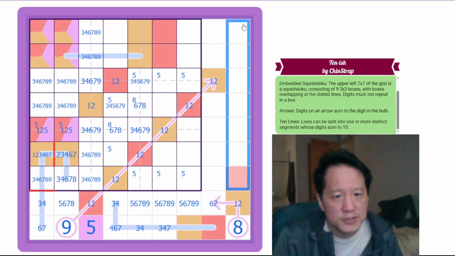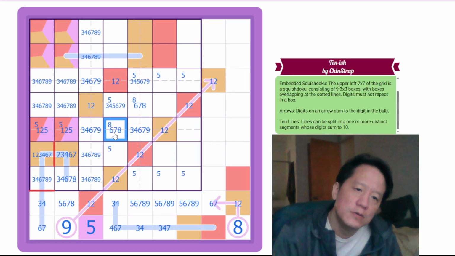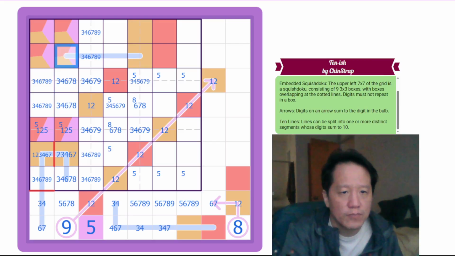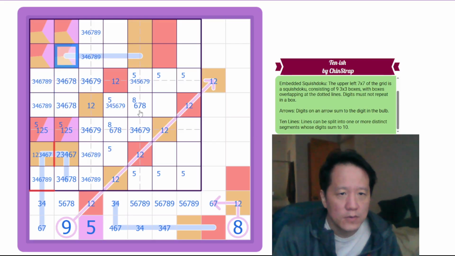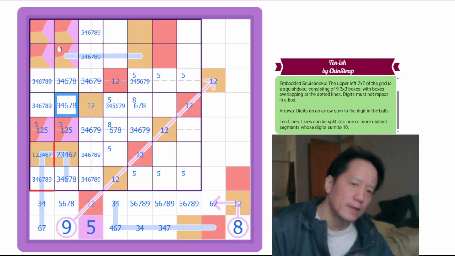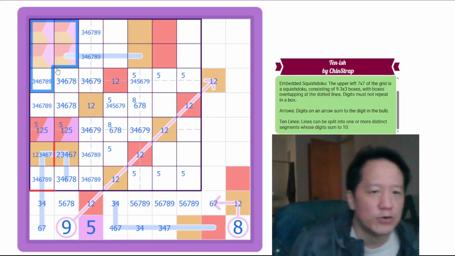8 cannot be missing here. This is 9 here, which eliminates 9 in the rest of the column. We know this is some combination of 1, 2, or 5.